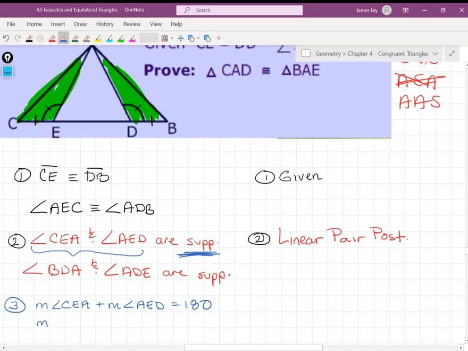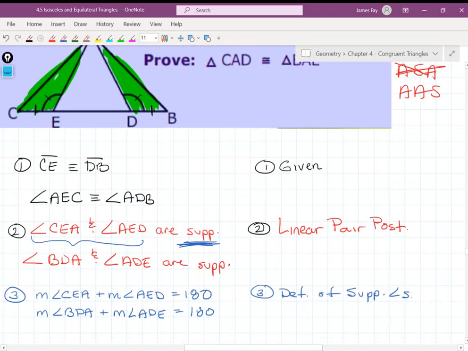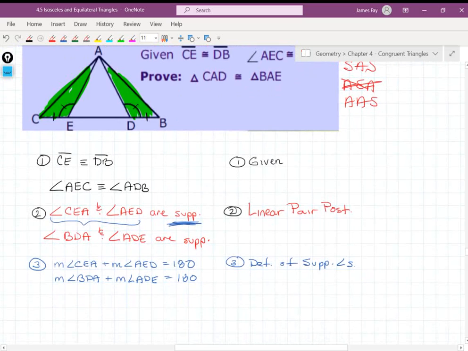And I can do the same thing about angle BDA and ADE. That's definition of supplementary angles. All right, so we've got that.